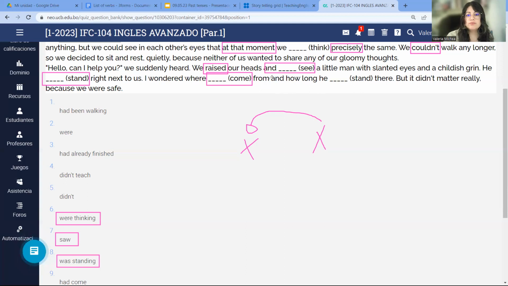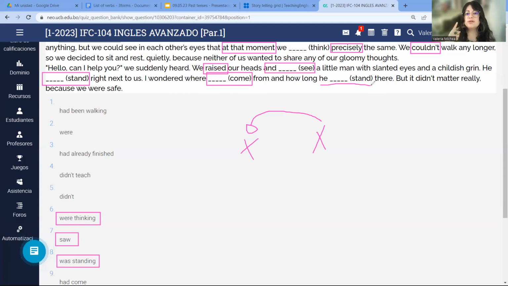And finally, I wonder where he had come from and how long he was standing there. Again, the action of standing there, it's long. We know that because we know that before saying, hello, can I help you? He was already standing there.